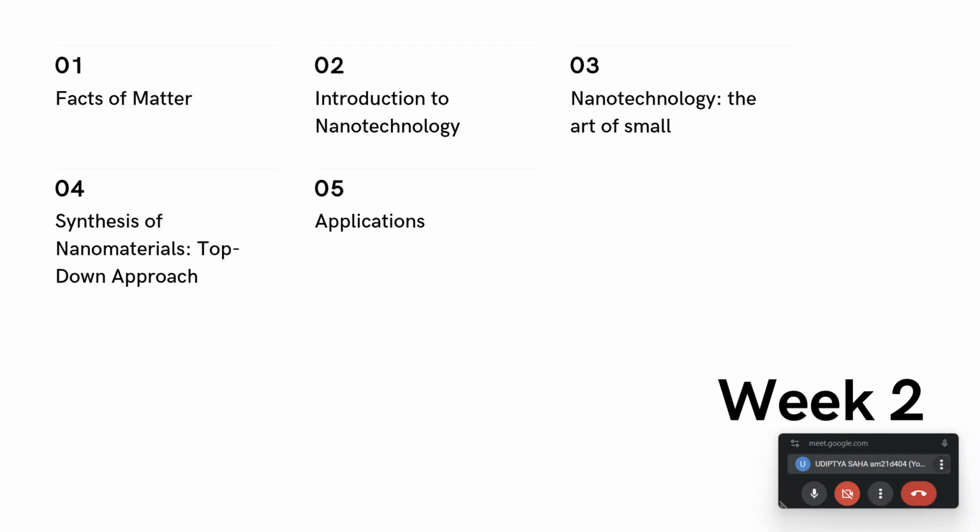So what we understood in the first topic, facts of matter, if I want to recall, is one of the important things: we understood that both light and matter exhibit dual nature, both wave and particle nature.